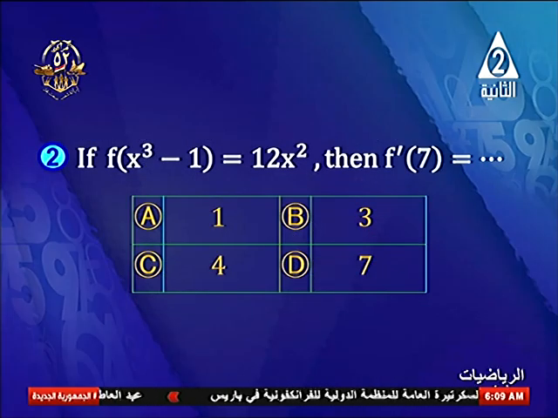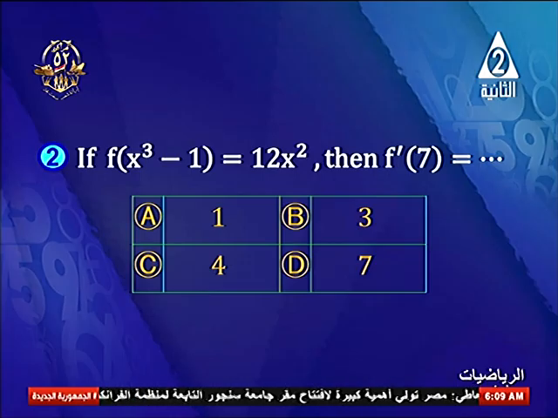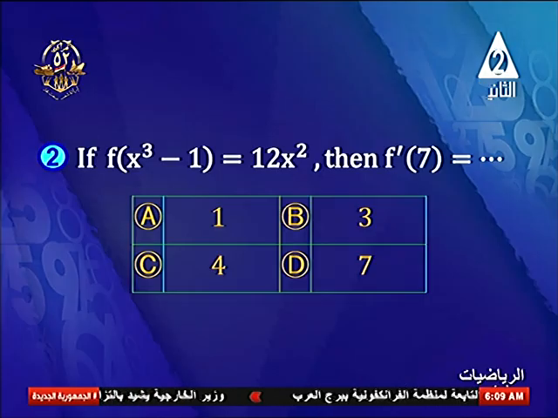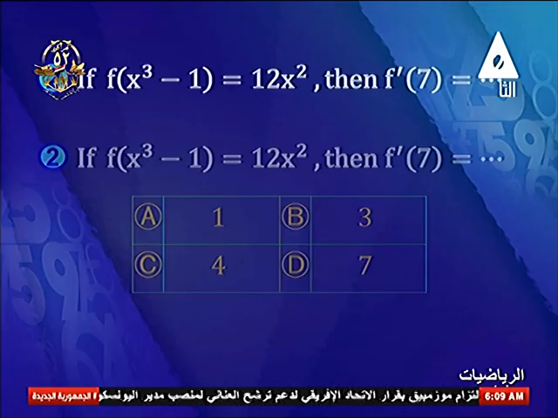Now we are going to translate to another example. If we have function f of x power 3 minus 1 equals 12x squared. What is f dash of 7? Multiple choice: 1, 3, 4, 7. Look at the solution.